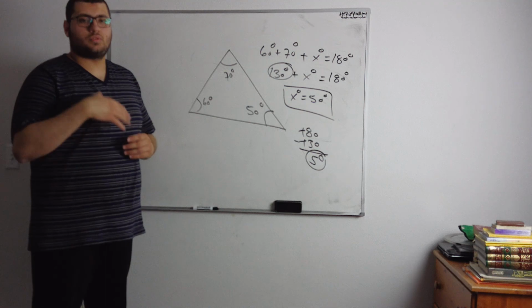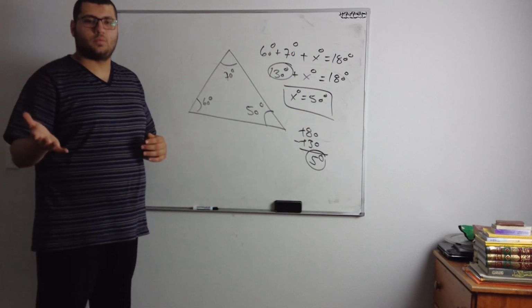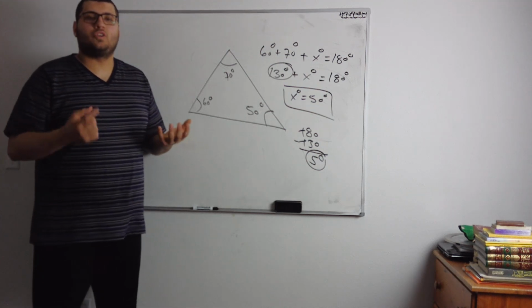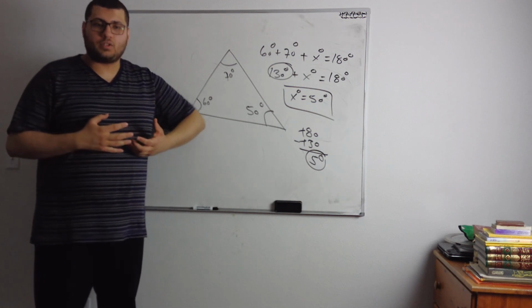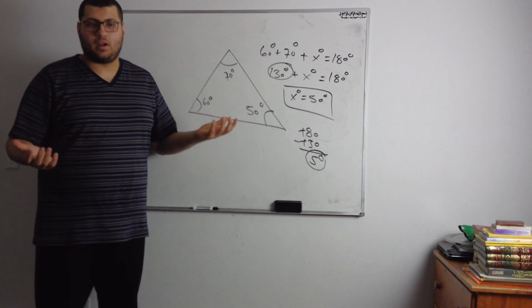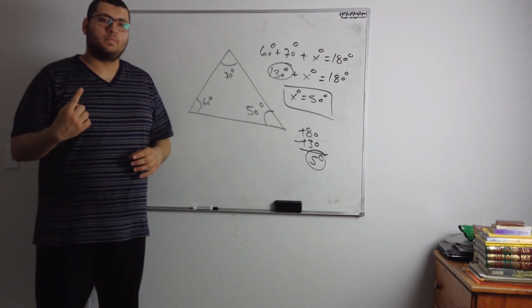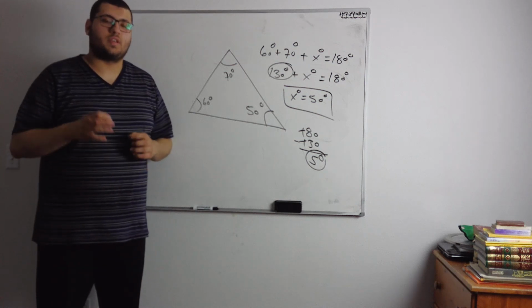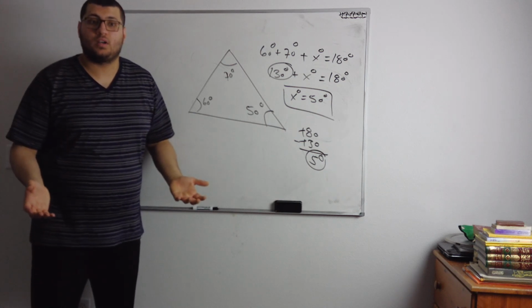There are many other rules as well. In an equilateral triangle, you can find the missing angles by knowing only one angle, because all sides are equal, meaning all the angles are equal.